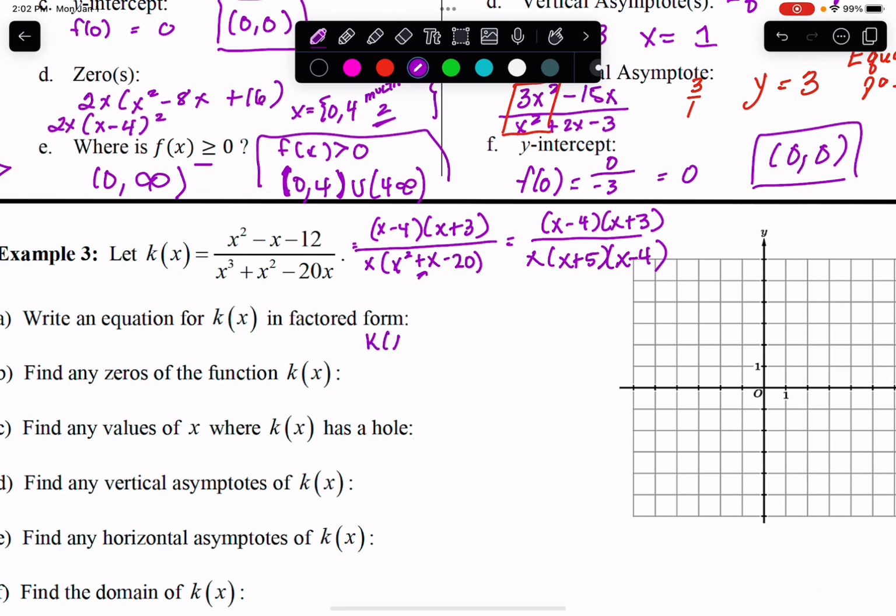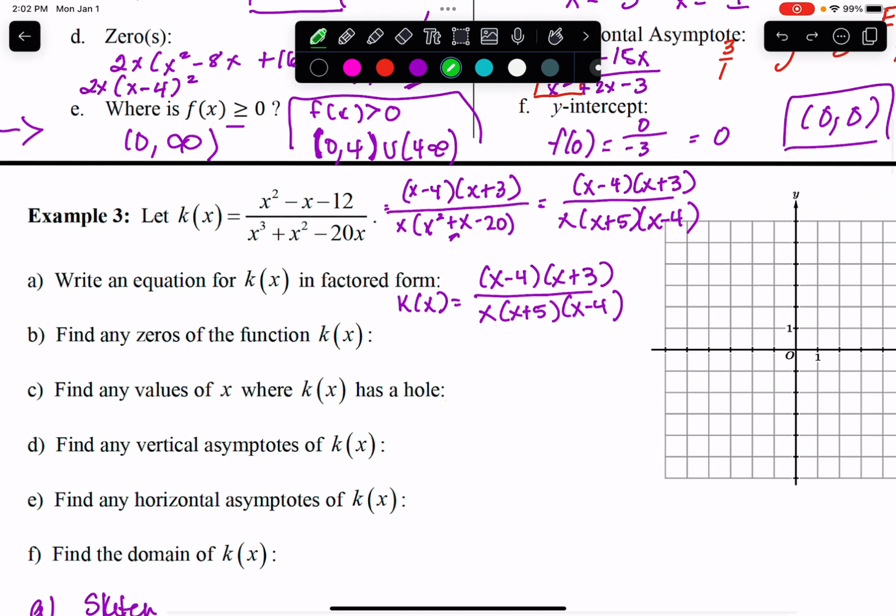K of x is equal to x minus 4 times x plus 3 over x times x plus 5 times x minus 4. Now, I see, obviously, that I can cross out my 4's, but for now, we're not writing simplified form. We're just writing in factored form, so I'm not going to cross those out. But I'll be thinking about that when they ask me the next things.